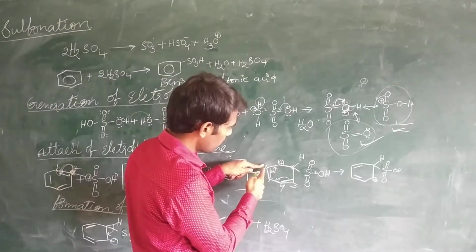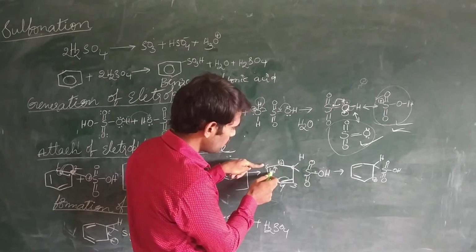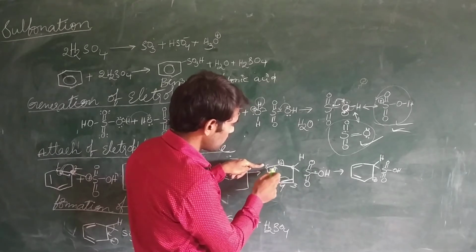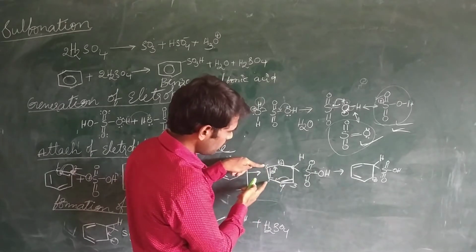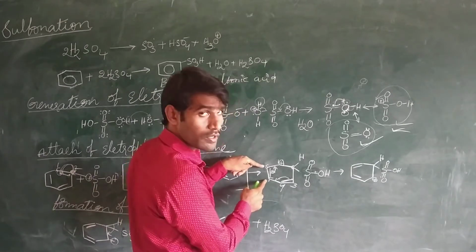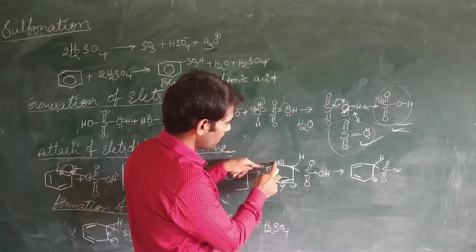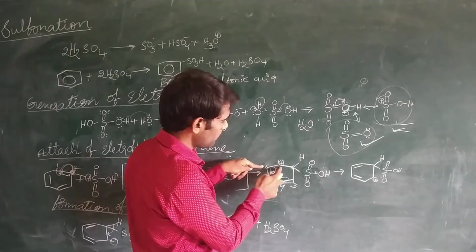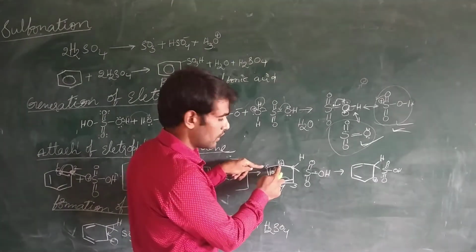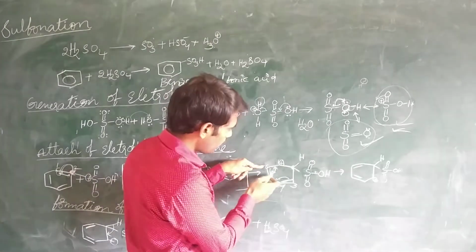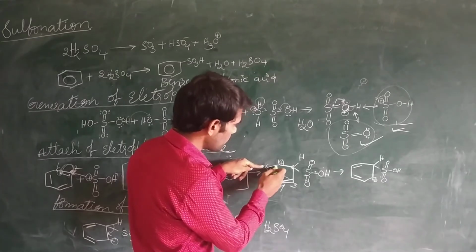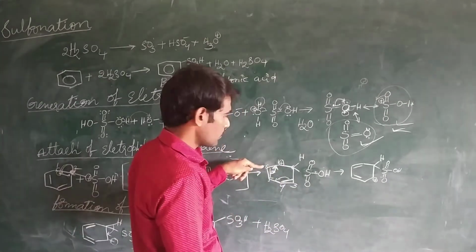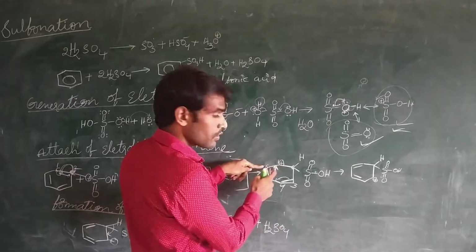Immediately, this sixth carbon donates its electrons, the pi electrons between the fifth and sixth carbon. The first carbon, adjacent to the sixth carbon, has only 6 electrons. So now this bond is shifting between the first and sixth carbons. First and sixth carbons, yes or no?